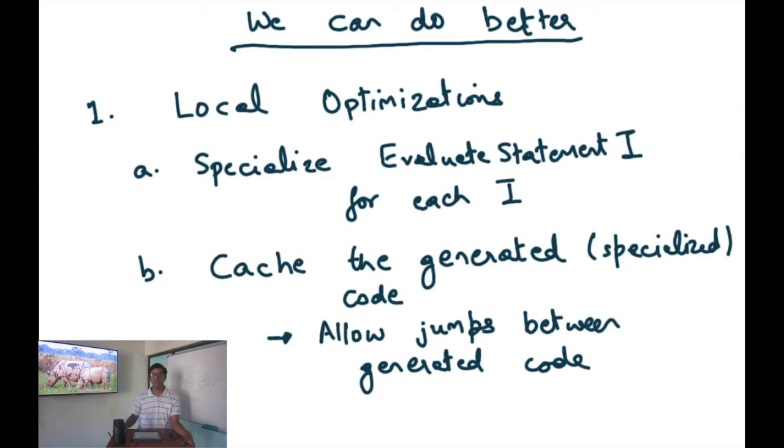So in this example, I could just have a program which partially evaluates eval on each of the statements 1..n only once, and then for the second iteration, I'm just going to jump back to the partially evaluated implementation of the first iteration.